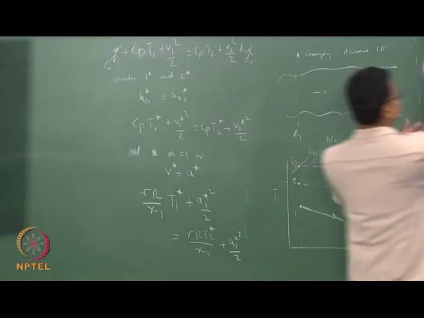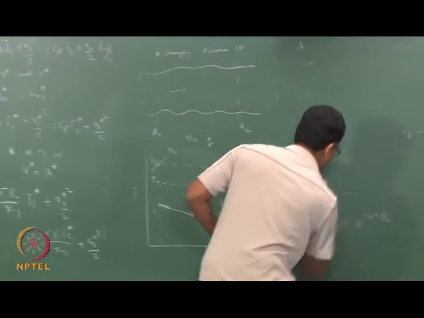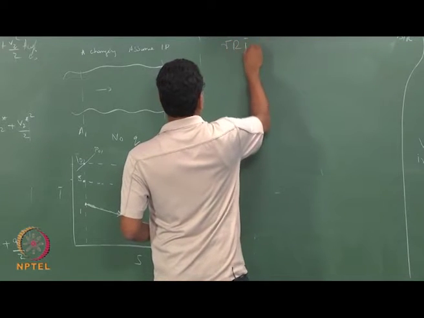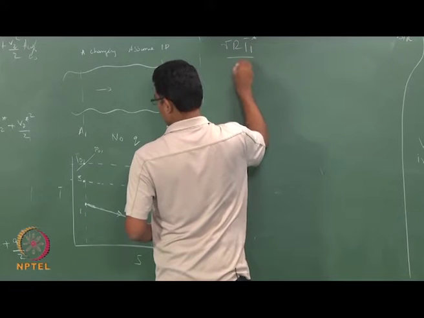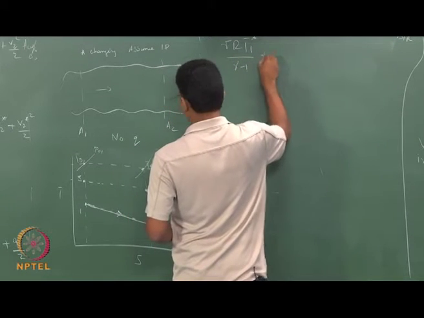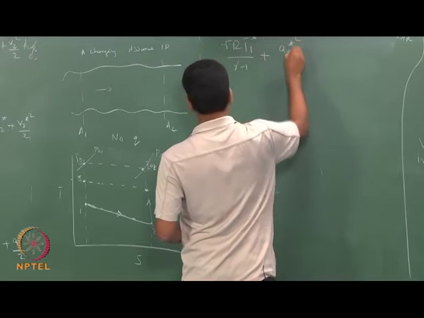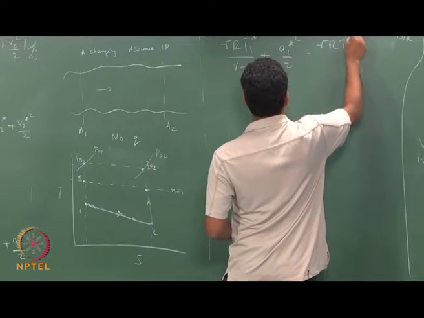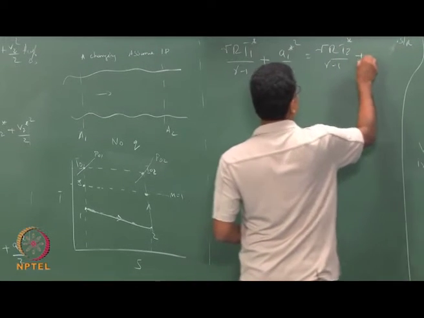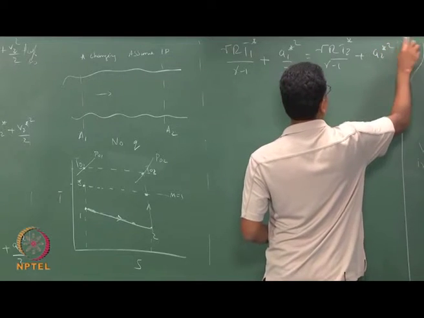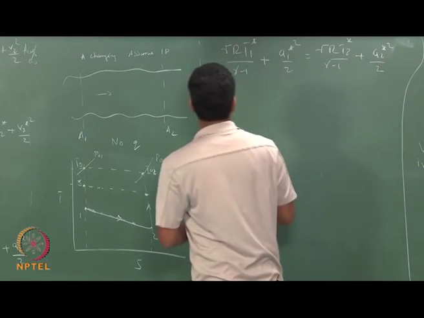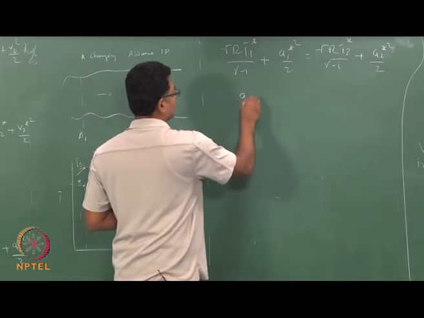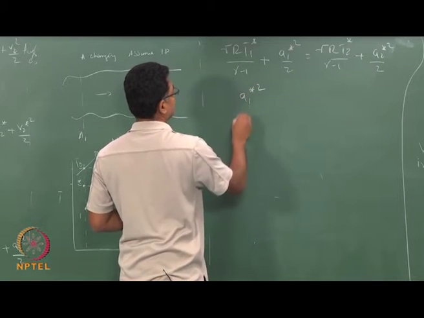So, I will rewrite that whole thing here: gamma R T1 star by gamma minus 1 plus a1 star square by 2 equals gamma R T2 star by gamma minus 1 plus a2 star square by 2. So, gamma R T1 is the velocity of sound square. So, I can replace that with this.